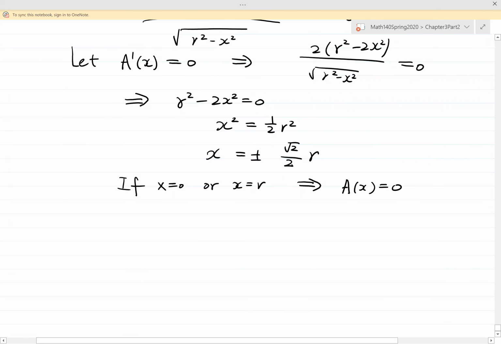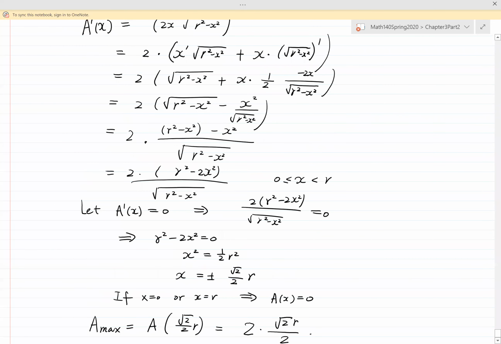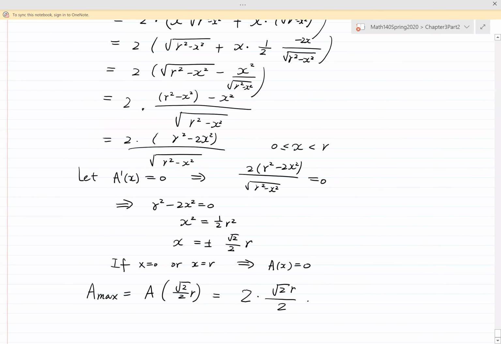So this only gives one solution. The maximum of A is obtained by plugging in root 2 over 2 r. Remember the area formula is 2x times y, where y is the square root of r squared minus x squared, with x equal to root 2 over 2 r.